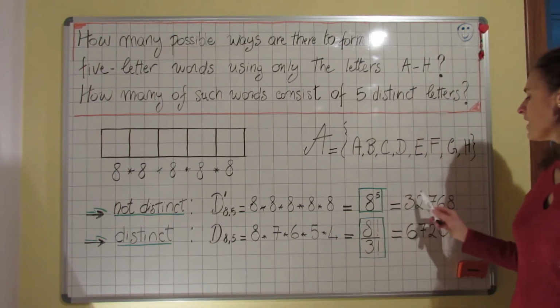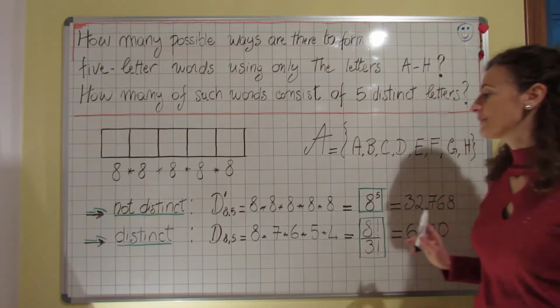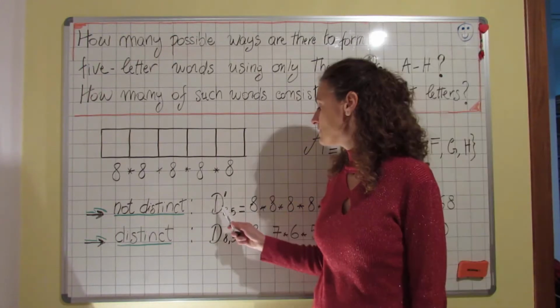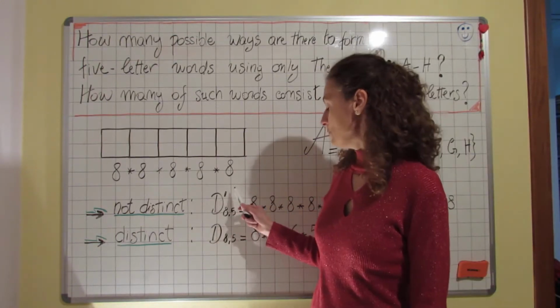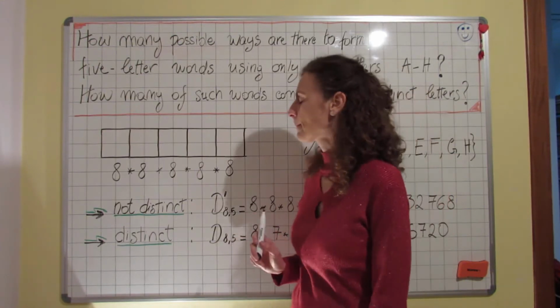And this is 32,768. This is also called in combinatorics disposition with repetition of 8 elements in groups of 5.